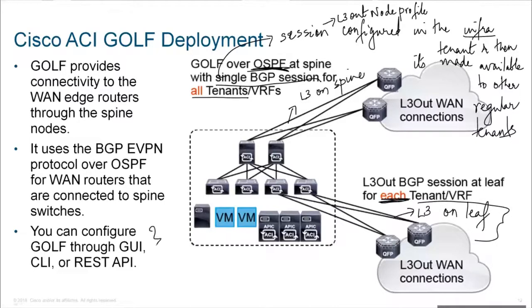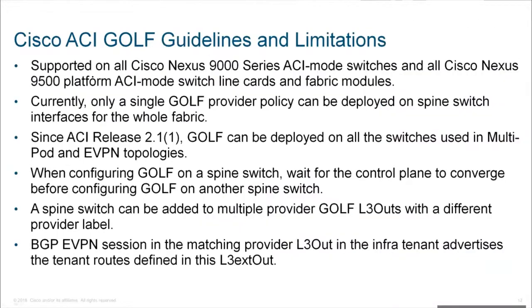You can configure these through the GUI, command line, or the REST API. It shows you that it's supported on all the Nexus 9000 CV switches, 9500 line cards, and the Fabric modules.